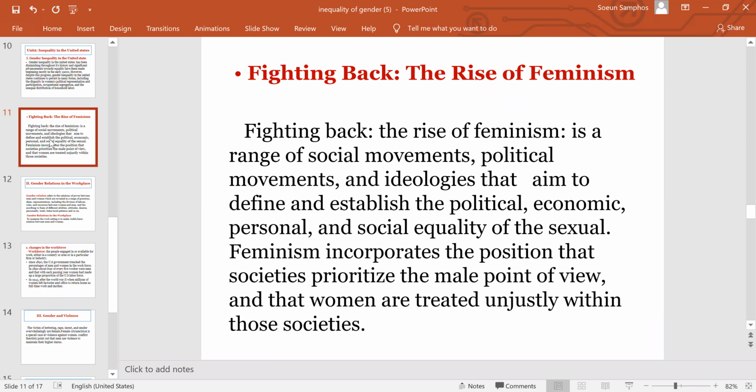Feminism is a range of social movements, political movements, and ideologies that aim to define and establish the political, economic, personal, and social equality of the sexes. Feminism incorporates the position that societies prioritize the male point of view and that women are treated unfairly in society. Next slide.